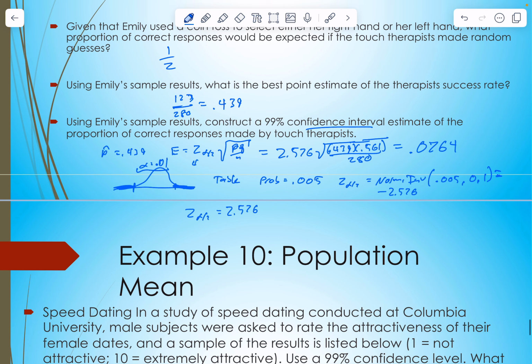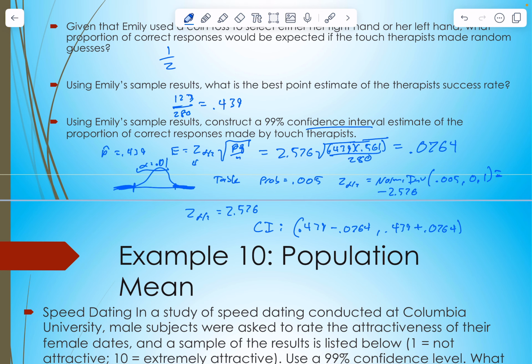So the confidence interval then is going to be 0.439 minus 0.0764 to 0.439 plus 0.0764. And so the confidence interval is going to be 0.439 minus 0.0764.